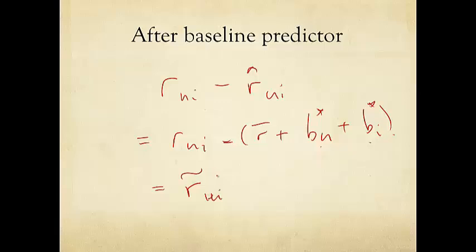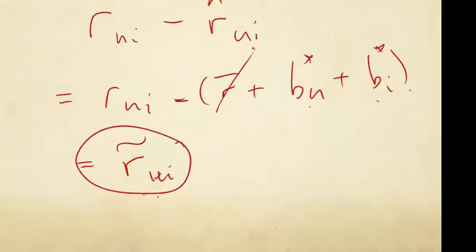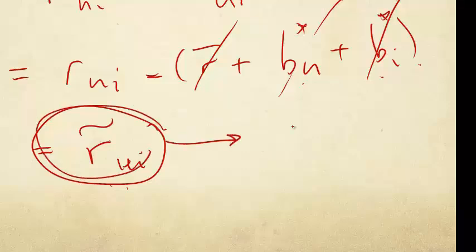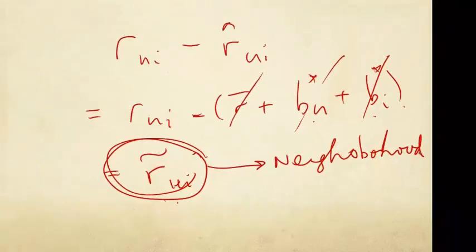In other words, we have removed in this R tilde_ui the impact of the average and the impact of the per user bias and per movie bias. And we're going to take this as the starting point into our neighborhood predictor to look at similarities across movies and across users.